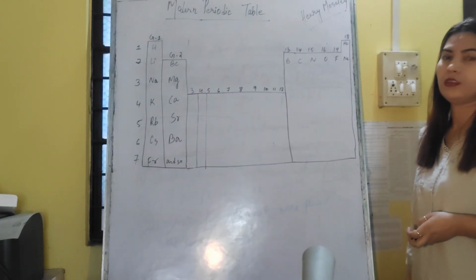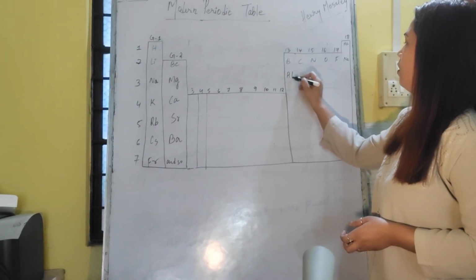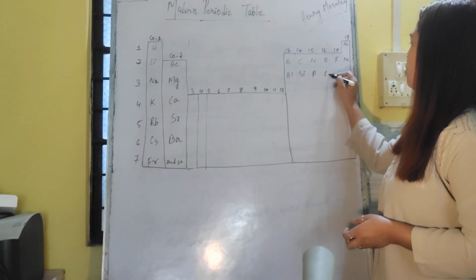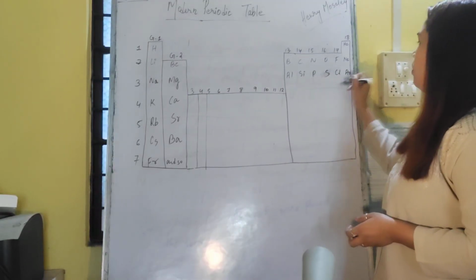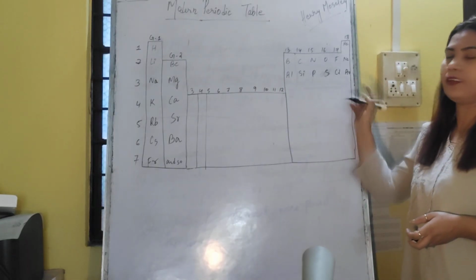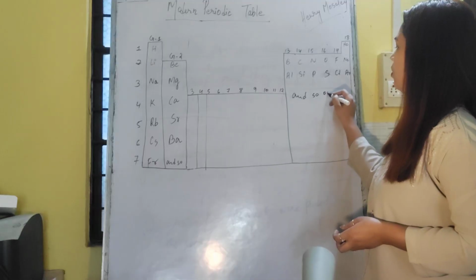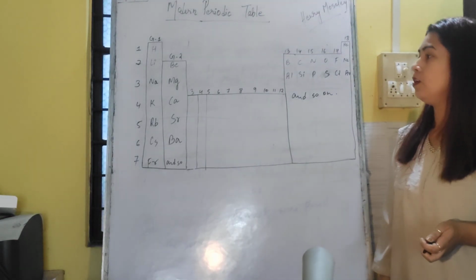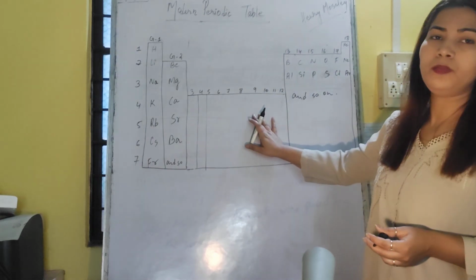This is the first element of the 18th group. Another row: aluminium, silicon, phosphorus, sulfur, chlorine, argon and so on. So as we see, there are 7 periods and 18 groups in the modern periodic table.